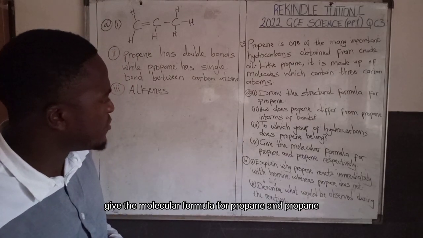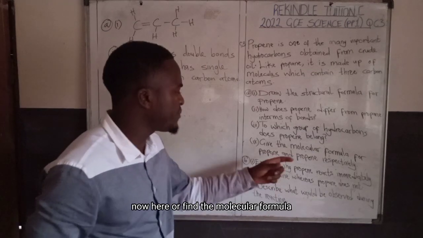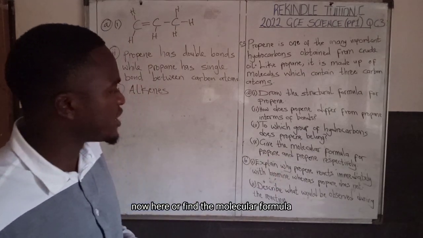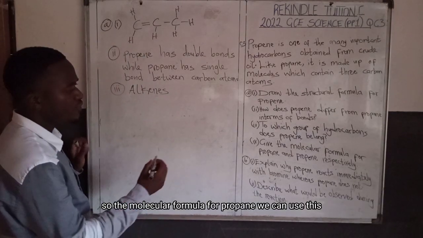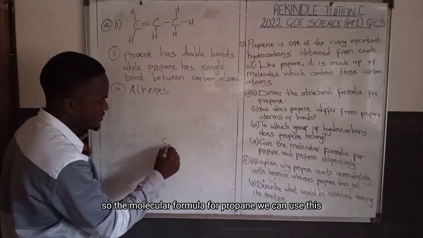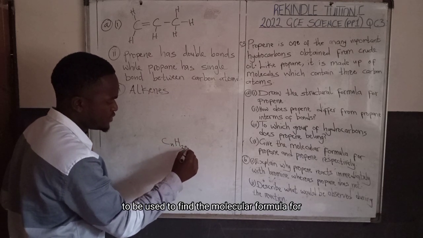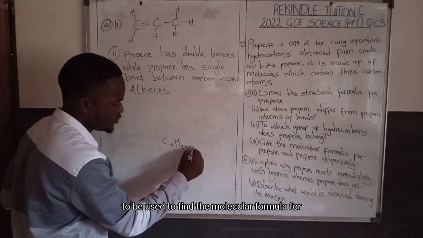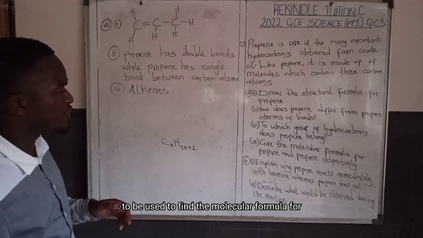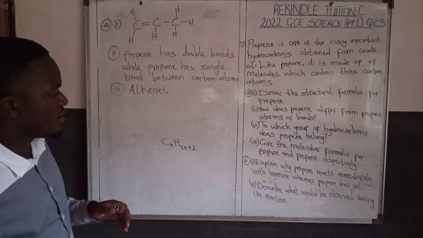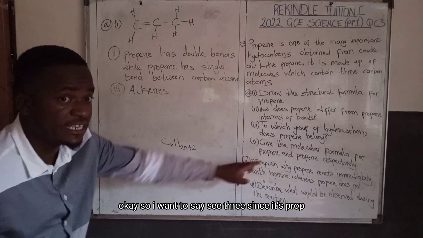Give the molecular formula for propane and propene. Now here we'll find the molecular formula. So the molecular formula for propane, we can use this. So this is the formula that we use to find the molecular formula for alkanes. This is an alkane.